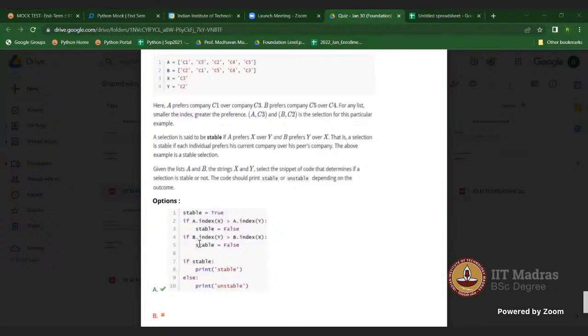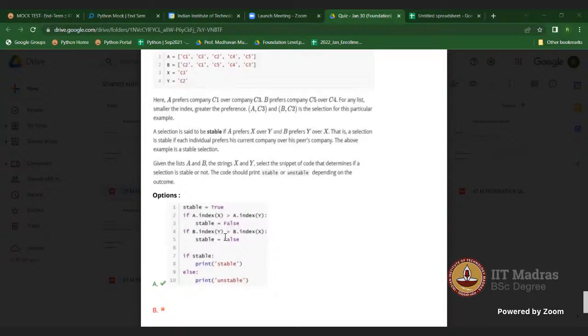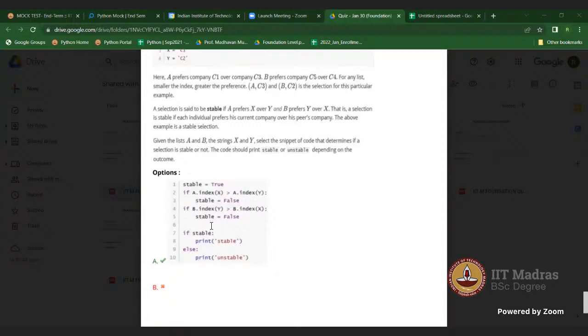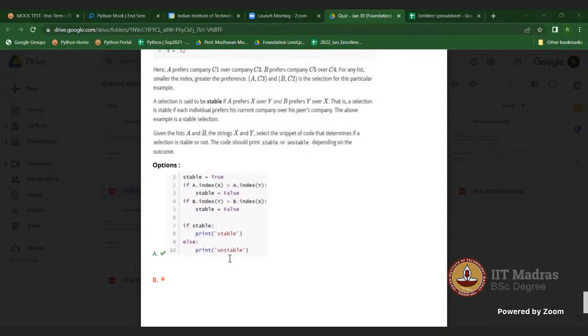The other way for B also: if B dot index of Y is greater than B dot index of X, then stable equals false because B is not happy with this position. If stable, we'll print stable, else we'll print unstable. That's it.